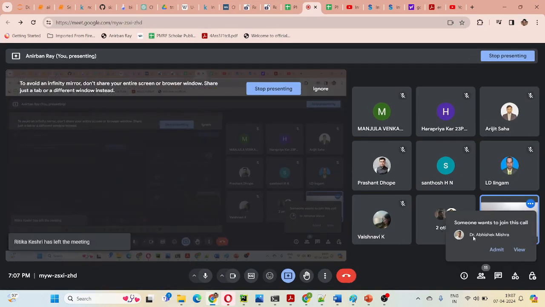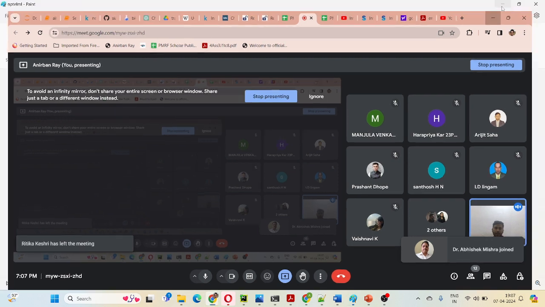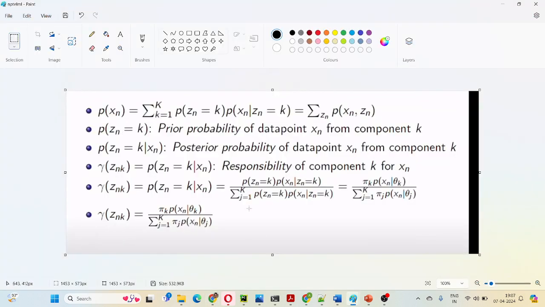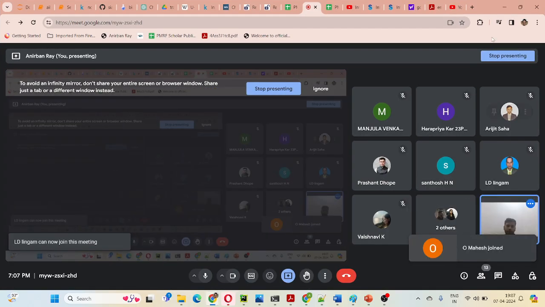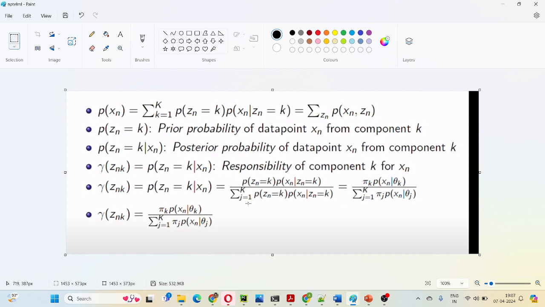What I was explaining is that we sum over the k values, that is the number of mixture components, the number of Gaussian distributions we have. And this is the posterior, that is the most important thing.